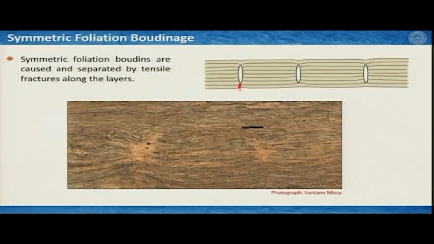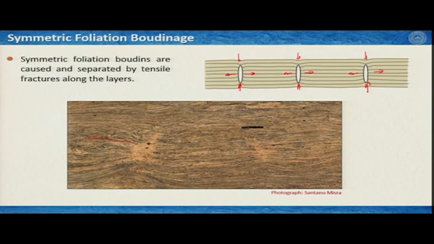The separated zones or the neck zones, as we can see here, do not undergo any shear deformation. So, it is only separation by tensile fractures, and if that happens, then this is a symmetric foliation Boudinage, as you can see here.